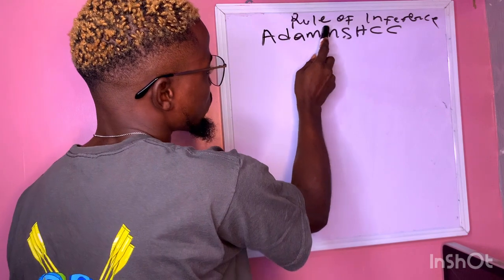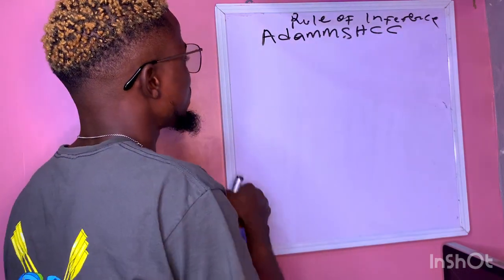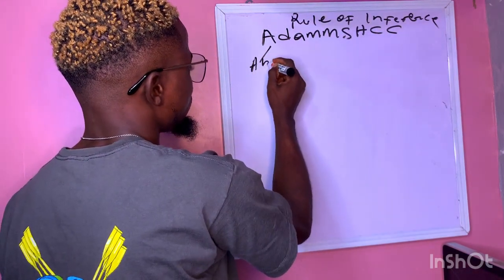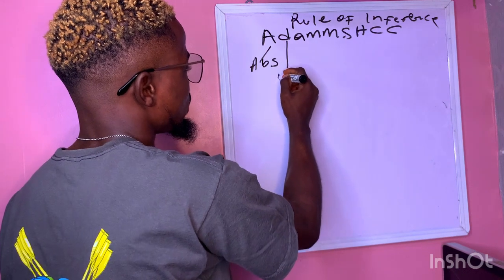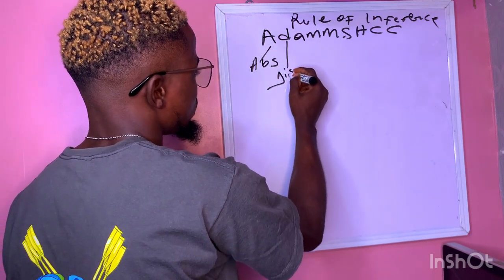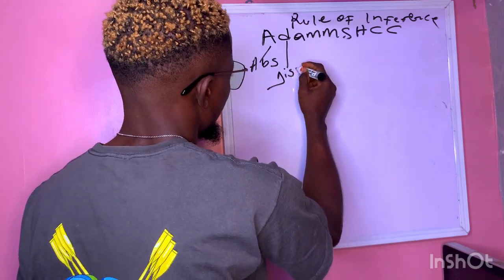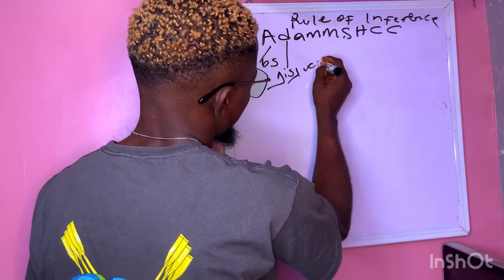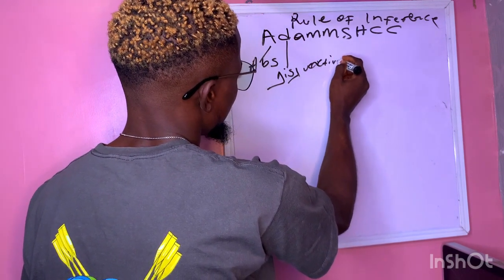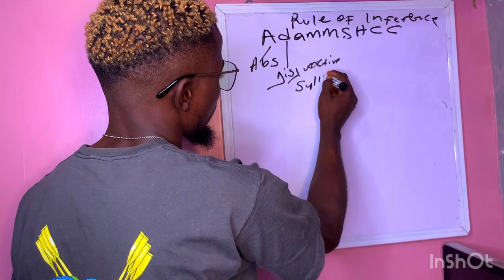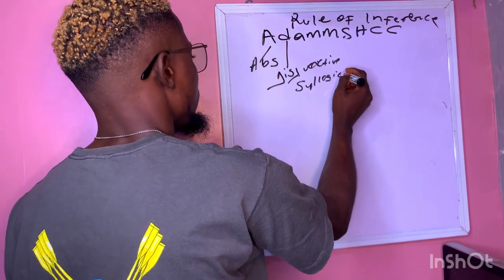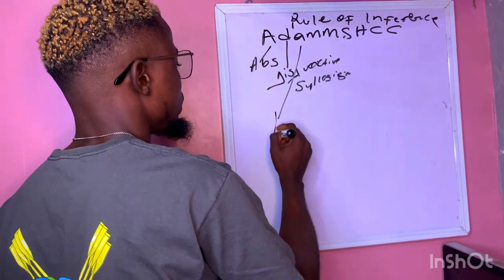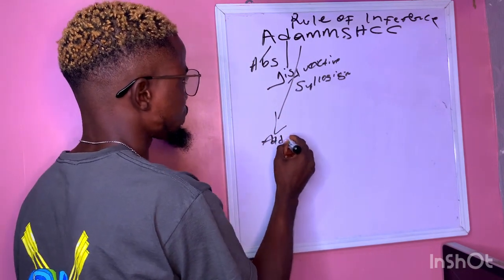1, 2, 3, 4, 5, 6, 7, 8, 9. So this is absorption. This is disjunctive syllogism. This is addition.